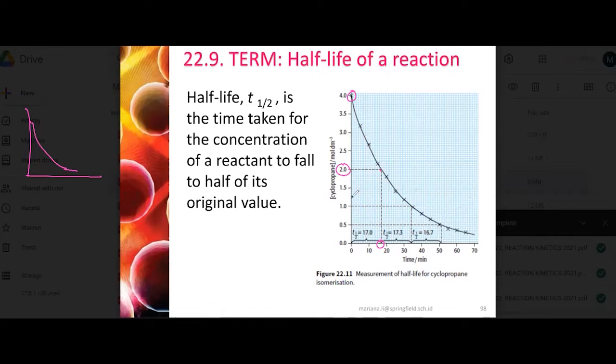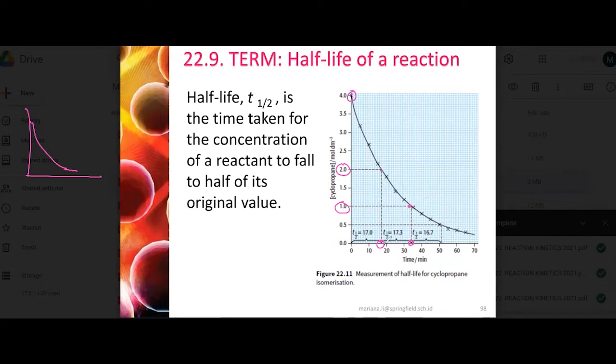Now let's see the successive half-life, if the concentration halves again, falling to half of 2. This is 1. You can find out here, this is the concentration and this is the time, around 30 something.